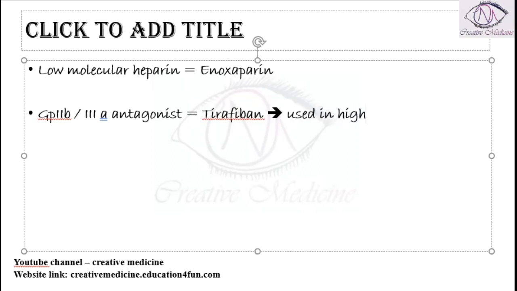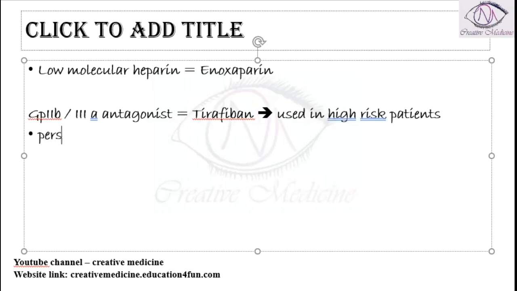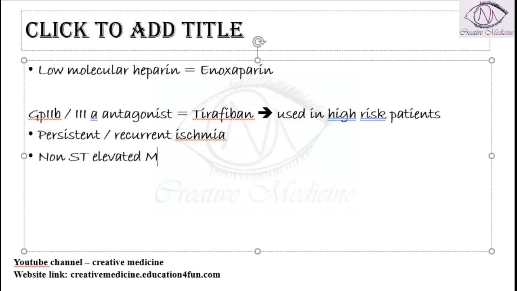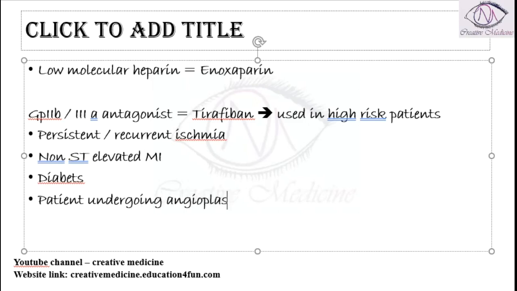They are used in high risk patients, mainly those with persistent or recurrent ischemia. They can be used in non-ST segment elevation myocardial infarction, in patients with diabetes, or in patients who are undergoing or going to undergo angioplasty. In stenting also we can use GP2B3A inhibitors.